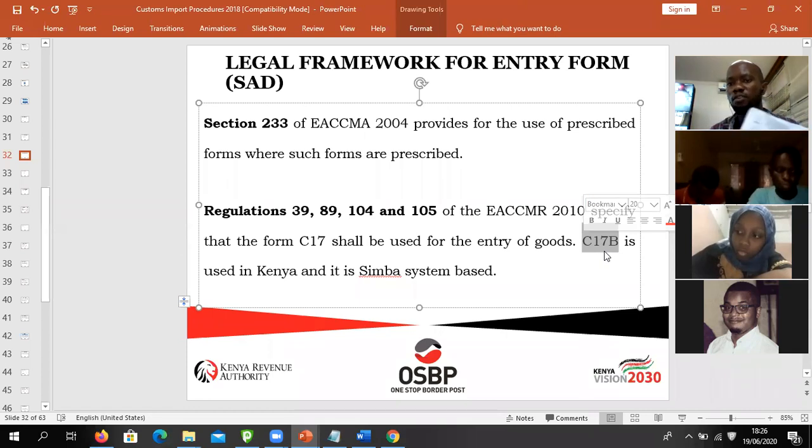You'll see written Form C17B at the top right corner. If you look at the entry that I shared, you'll see it denoted as Form C17B. So that's the single administrative document that's currently being used for declarations in Kenya.